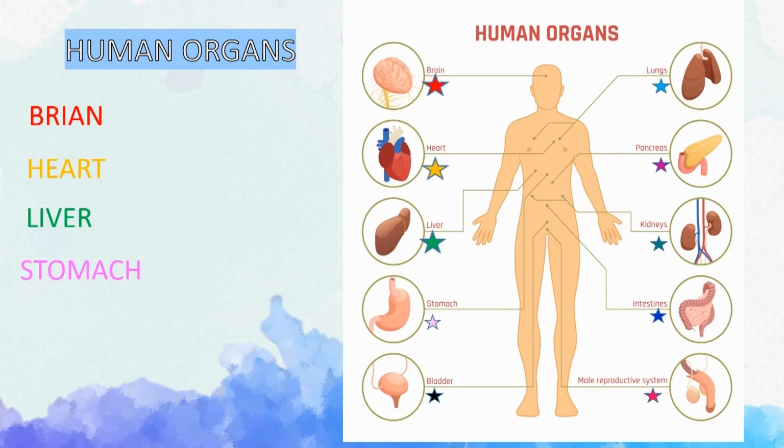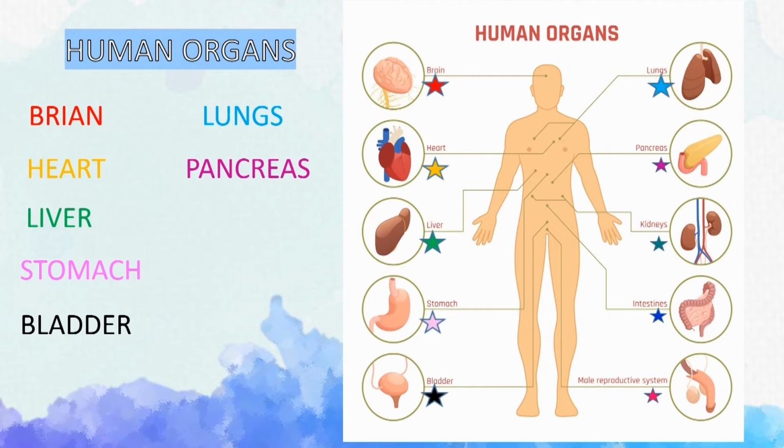You can see the picture in the video, and you can see the word on the left. So the next organ is the bladder. Okay? The next organ is the lungs. You can see the picture and the diaphragm, right? Next, you can see the pancreas on the right line. So watch the pancreas.